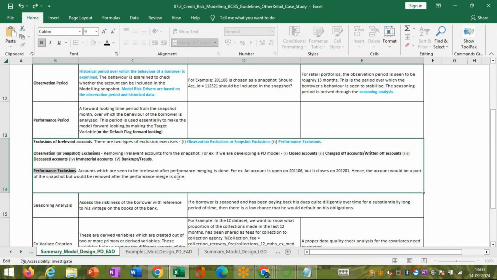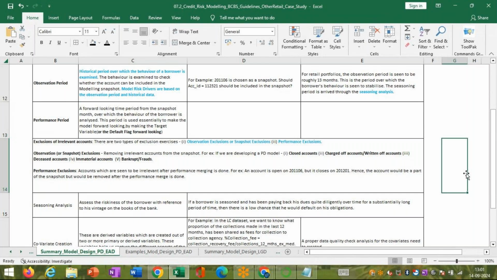So these are the two broad kinds of exclusions. One is observation exclusions, that is accounts which are directly removed at the snapshot. So if I'm preparing the 2011-06 snapshot, there are some accounts which are directly removed from there because of the factors mentioned. Then there is a set of accounts which in the next 12 months satisfy one of the exclusion criteria, and they are removed.